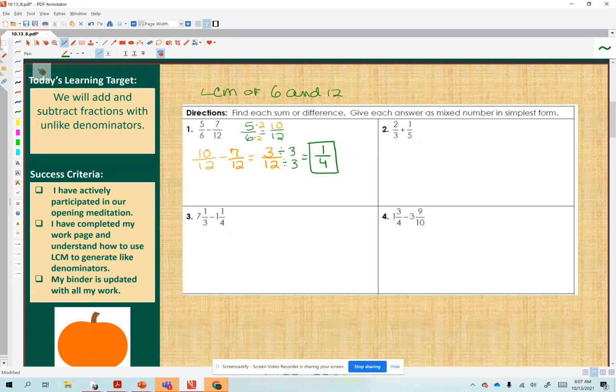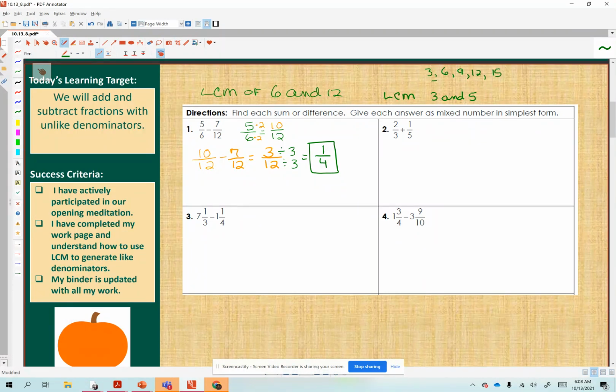Let's look at problem number 2, where we have 2/3 plus 1/5. So here I need an LCM, a least common multiple, of 3 and 5. So the multiples of 3 are 3, 6, 9, 12, 15.